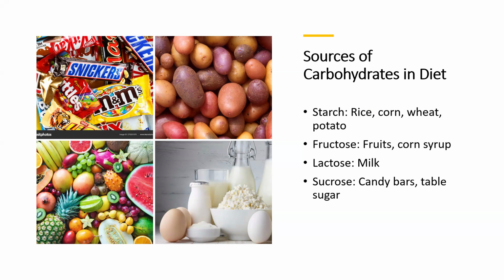You can also get carbohydrates in the form of fructose. As the name implies, fructose is a naturally occurring sugar found in fruits. Artificially, you will find it in corn syrup. There is a lot of pushback nowadays about avoiding food that has high fructose corn syrup, because it's highly processed and it's not as healthy.